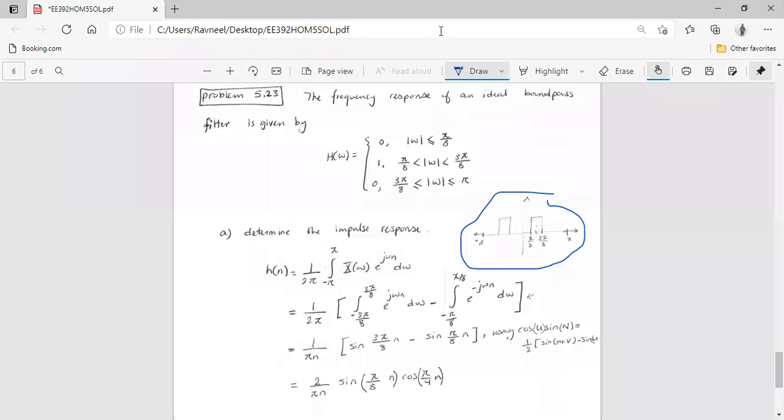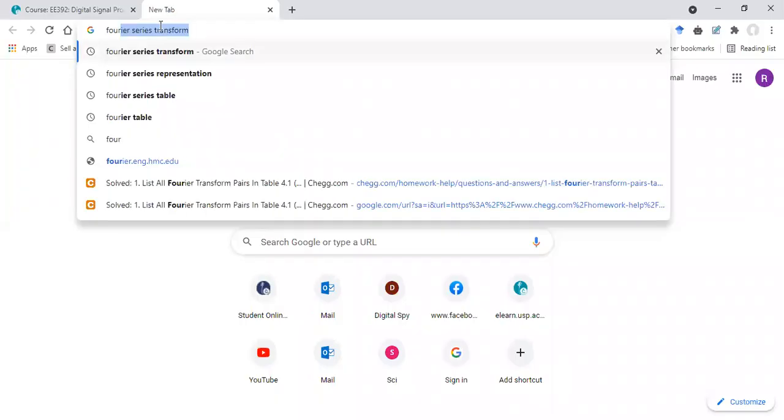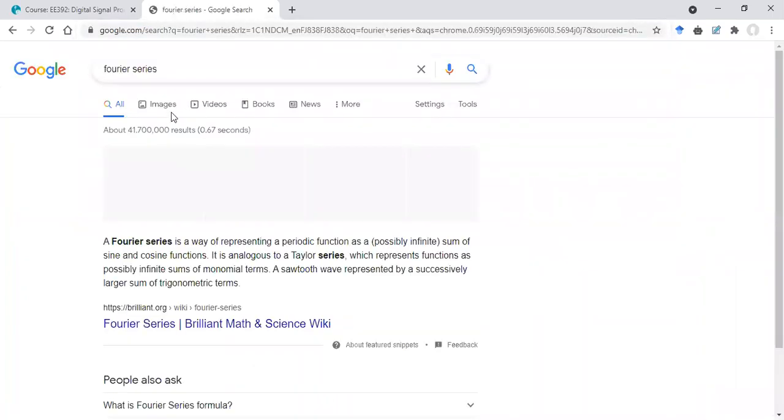So if we look up that table, just in case you have forgotten, that would be the Fourier series.